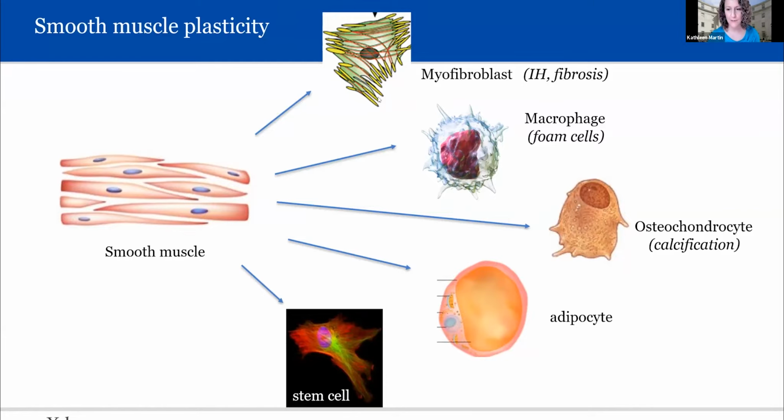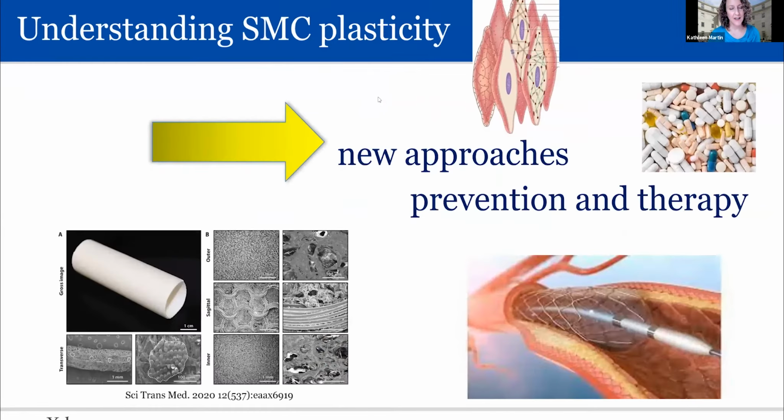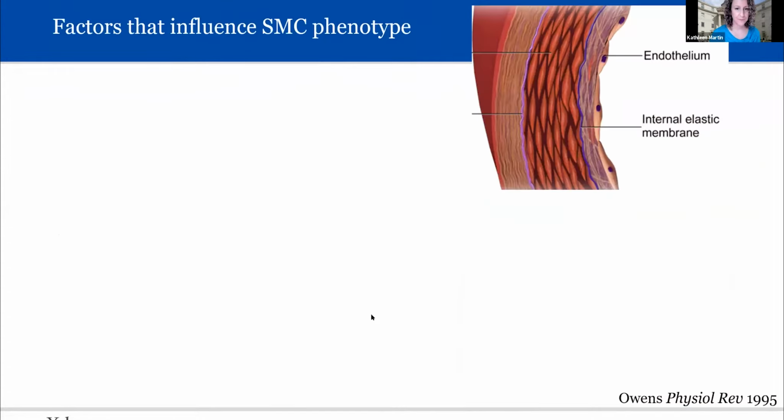So a really remarkable plasticity. Understanding the molecular basis of this plasticity will hopefully provide us with new approaches for prevention and therapy, where drugs can be applied to platforms such as balloons and stents and synthetic grafts. So there are many factors that influence smooth muscle phenotype under both normal and pathologic conditions.